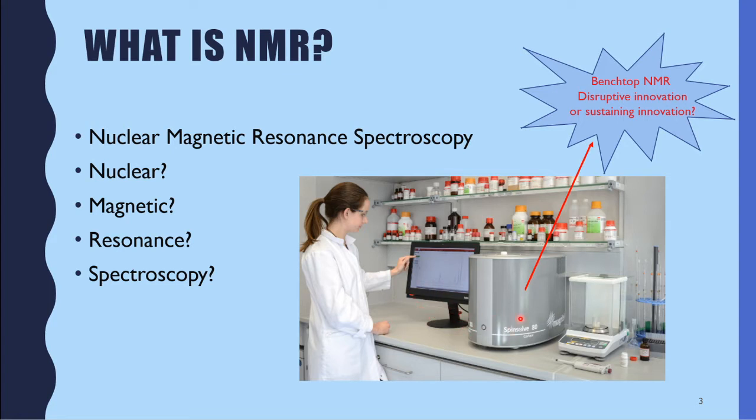I like the fact that it sits neatly beside the analytical balance, and you can imagine how portable this is. So perhaps we can call this a disruptive innovation, or maybe a sustaining innovation of the NMR spectrometer. However you look at it, this is a cool invention and a cool innovation. Let's hope that one day we have this in our lab.